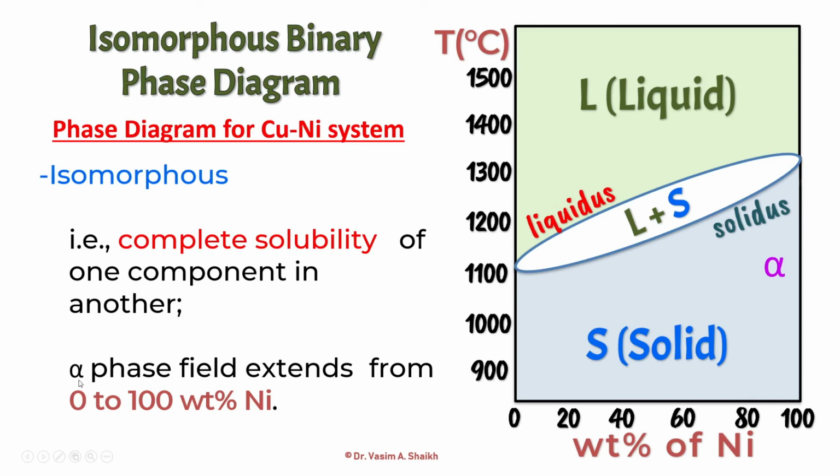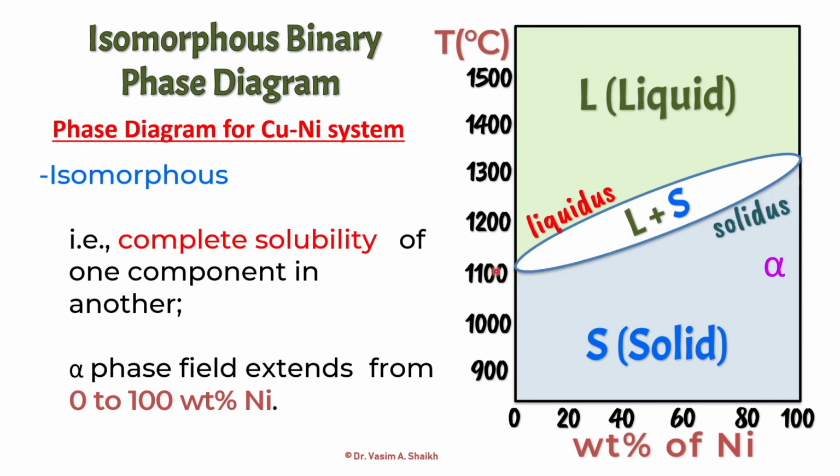For example, if we take the alpha phase, then it will go from 0 to 100. You can see that it is going from 0 to 100. So this is the 0 and this is the 100 weight percent of nickel. So this line is extending from 0 to 100. That is, the phase field is extending from 0 to 100 and it has a complete solubility.